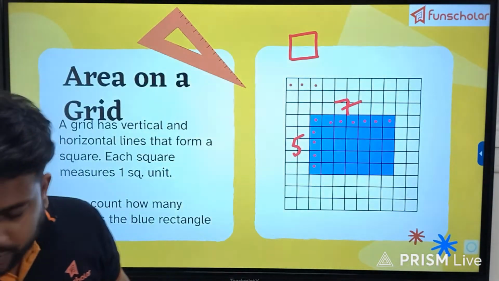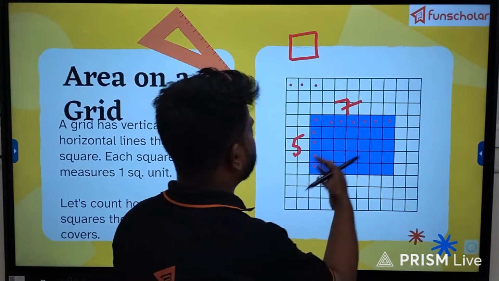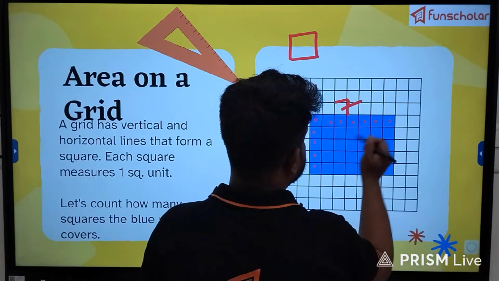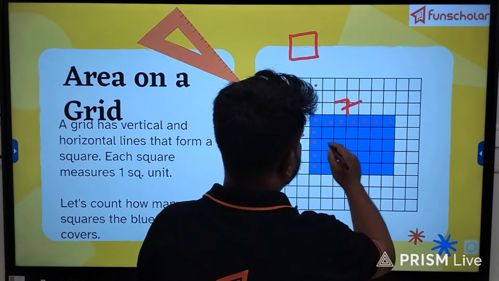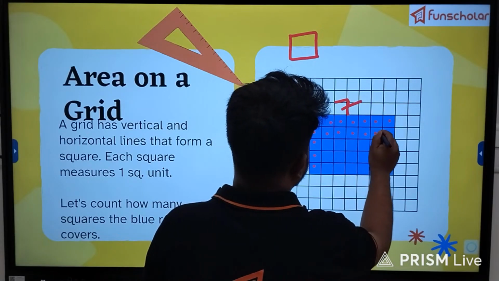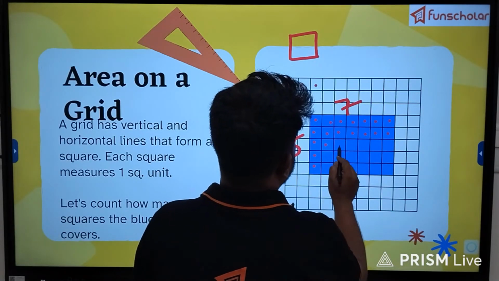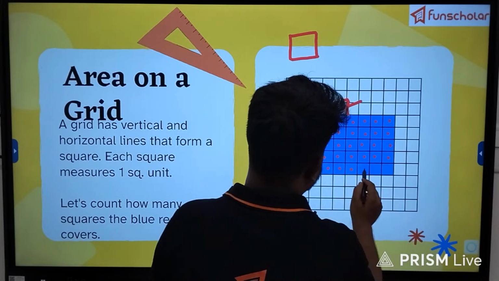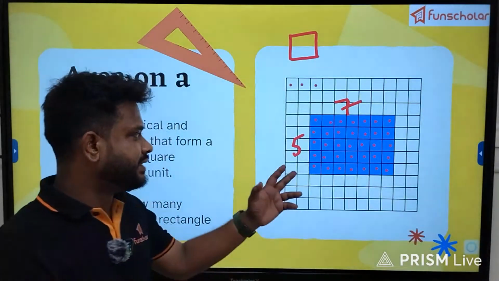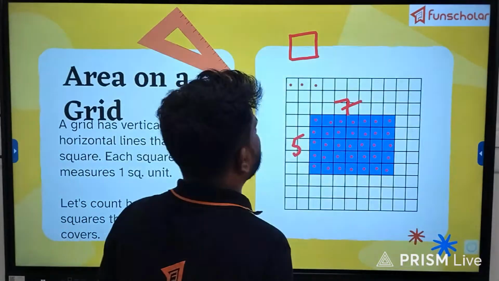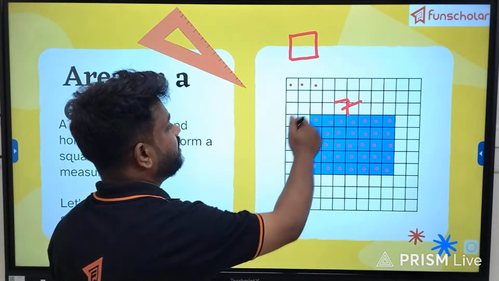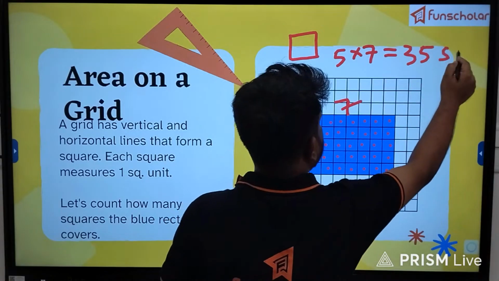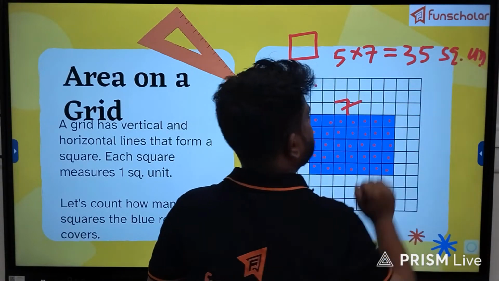We will discuss more about this, but if you want to count, it will be 1 to 7 along the length, and the same in each of the 5 rows. So it has 7 square units in each line, and it has 5 lines. So it will be 5 into 7, and the answer will be 35 square units.